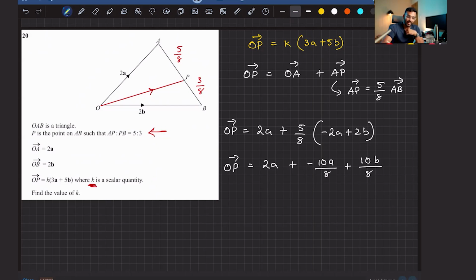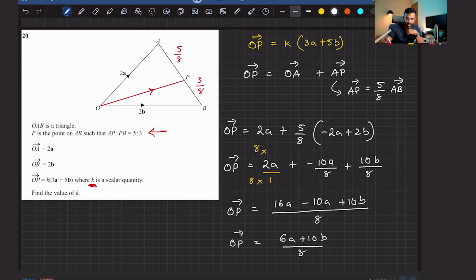How about I make a common denominator? This is by 1. I multiply by 8 here, multiply by 8 over there, so I have a common denominator. So OP is 16a minus 10a plus 10b all over 8. So OP can be simplified as 6a plus 10b divided by 8, which I can simplify by 2 as well, which is 3a plus 5b divided by 4.